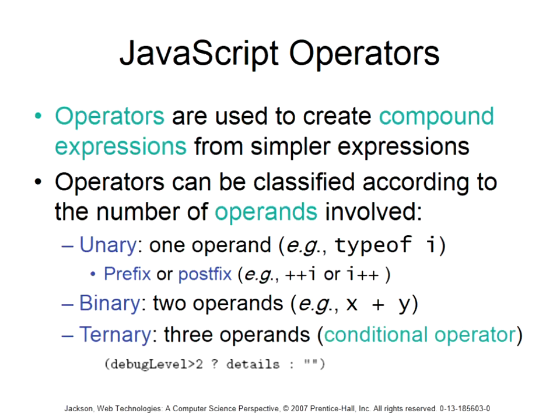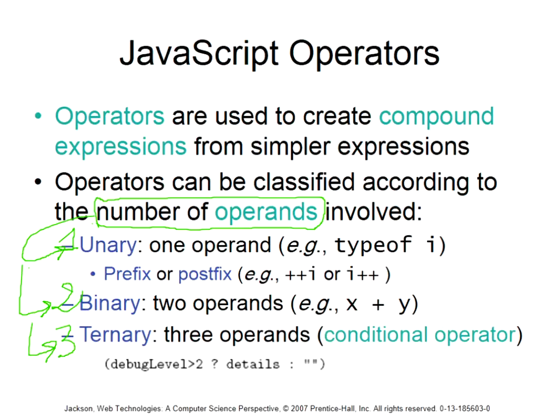JavaScript operators. Operators are used to create compound expressions from simpler expressions, and operators can be classified according to the number of operands involved. So this is the classification based on number. One, only one: unary, for example, i++ or ++i. If we have two operands, for example x + y, binary. Ternary means three operands.